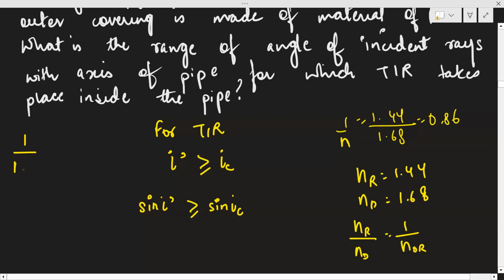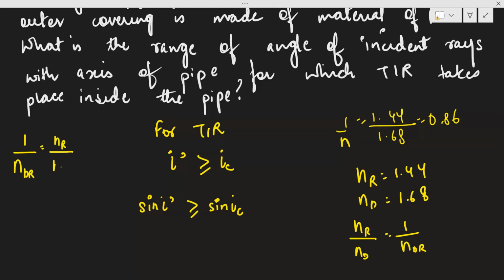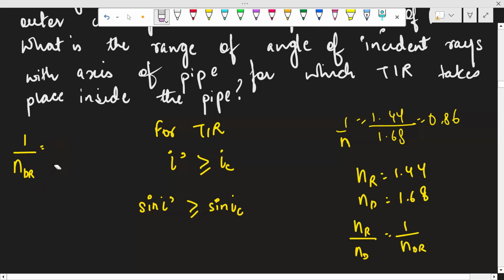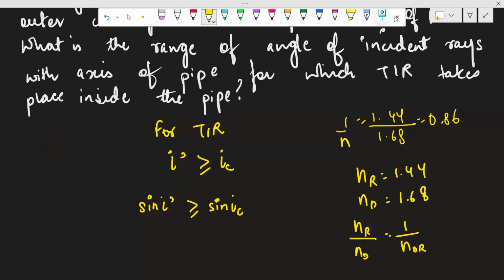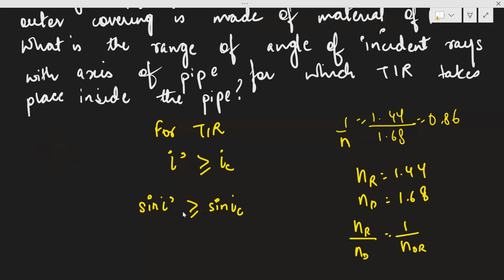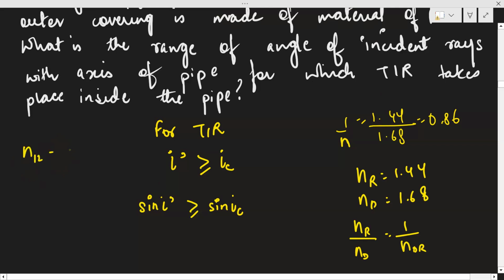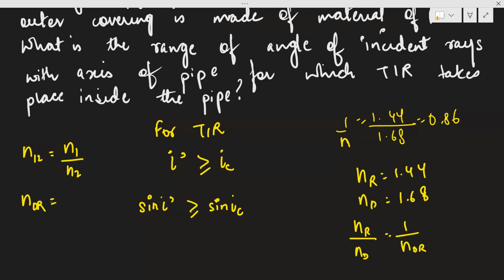Remember I told you 1 by NDR is equal to 1 by NR by ND. When you have the relative refractive index N1, 2, we write this as N1 by N2. If it is NDR, we'll write it as ND by NR. Now, if you have to write NR by ND, we can write this as 1 by NDR.